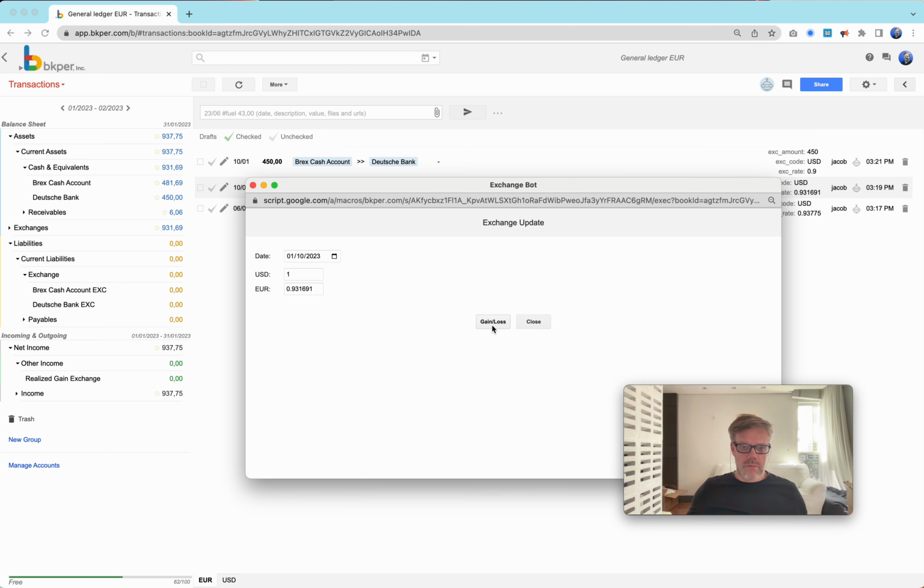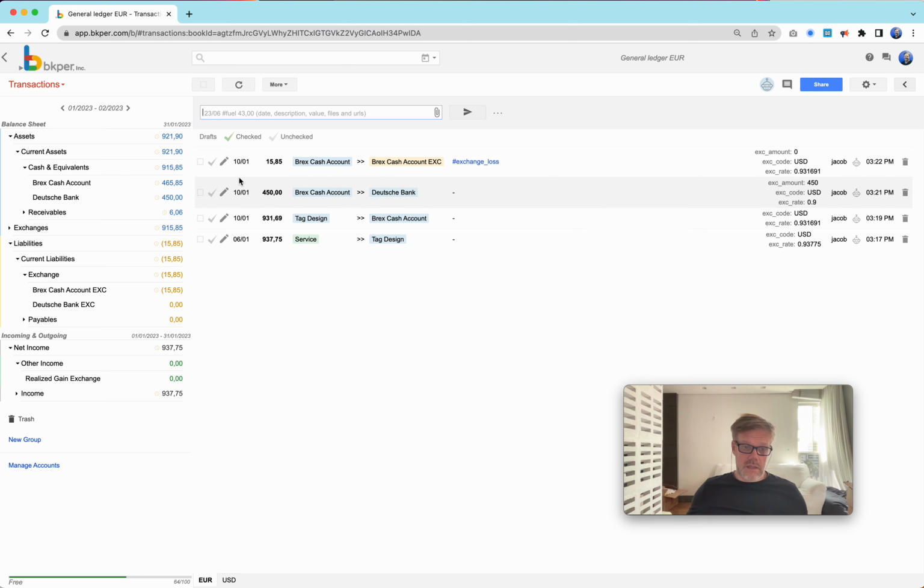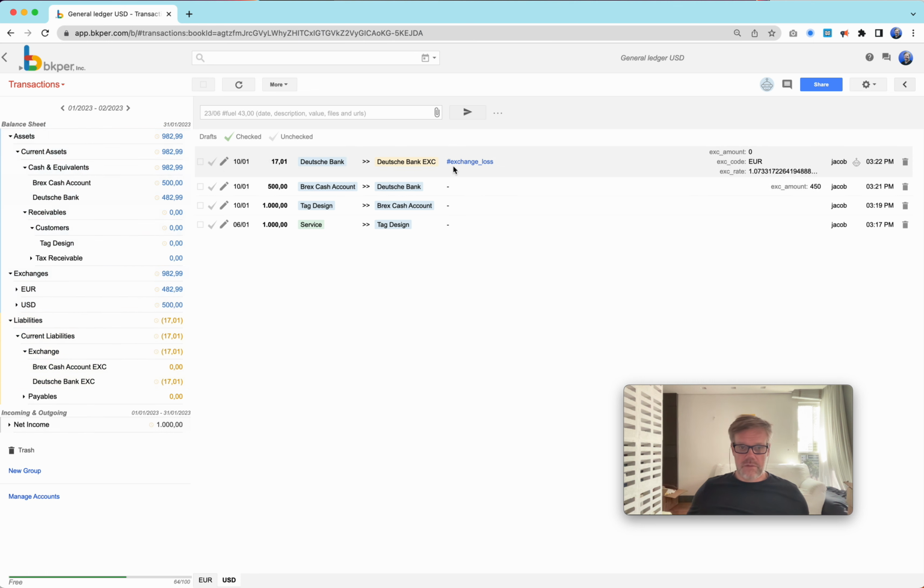Okay, there we go. I'll calculate the rates, and it looks like we have booked a loss on the US dollar account. And then we close this one in Europe. Likely the same on the other side, right? That's probably because the amount differs very much from the exchange rate, so that's why you book a loss.